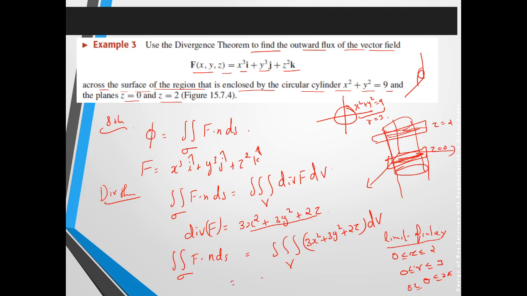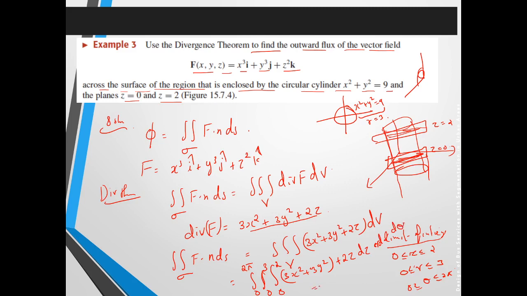Now this can be written as the integral from 0 to 2 pi, 0 to 3, and always we do z as the first integral, 0 to 2, of (3x square plus 3y square plus 2z) dz r dr d theta.